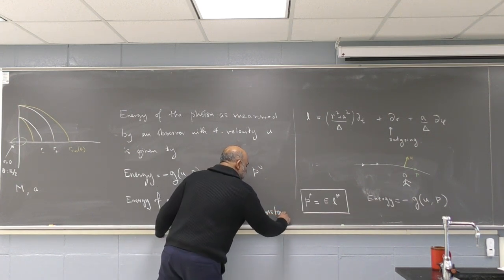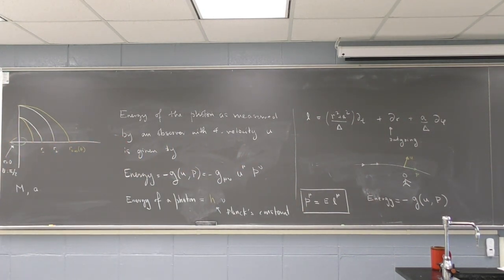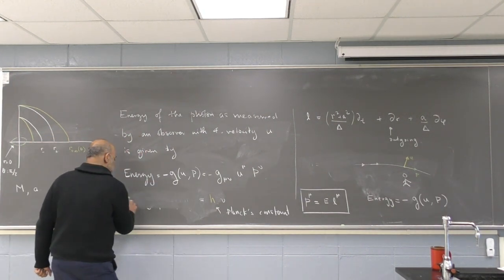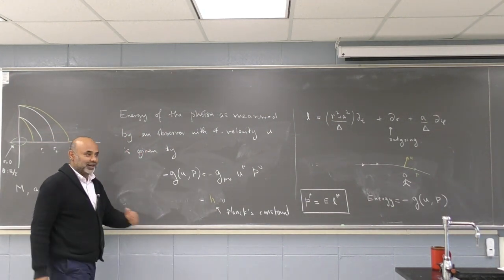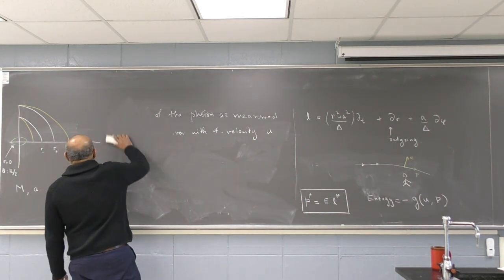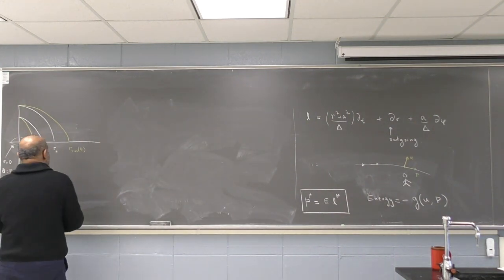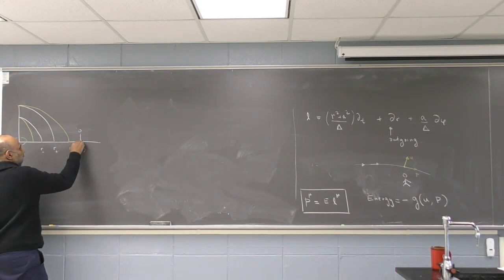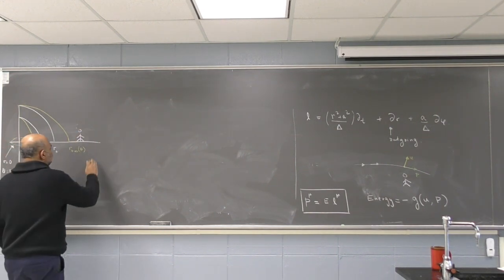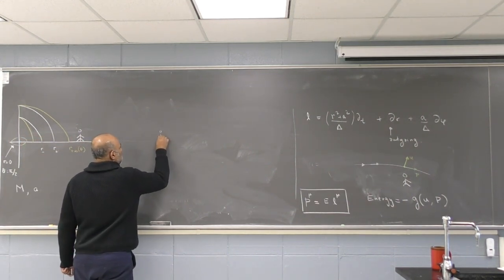So armed with all of this, we're going to penetrate the infinite redshift surface. So let me erase all the crucial information that I just wrote. There are 2 observers, one close to the infinite redshift surface and one far away, perhaps on Earth.